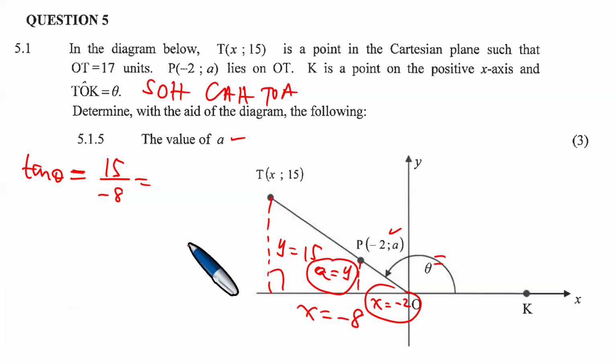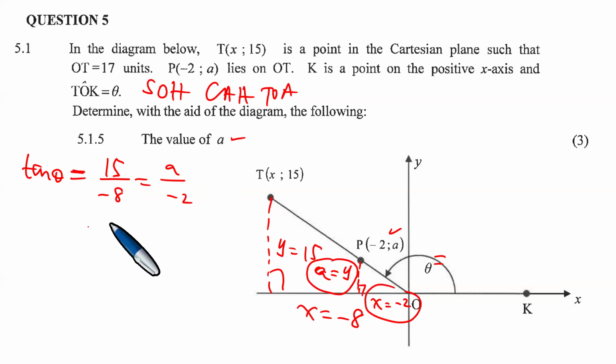So the tangent of theta can be found in two ways. We can find it looking at the big triangle, the biggest one, where we deal with the opposite over the adjacent. Dealing with the small one, we also have the opposite over the adjacent, where the opposite is exactly A and the adjacent is -2. So the tan of theta is two different expressions, and we are in business.